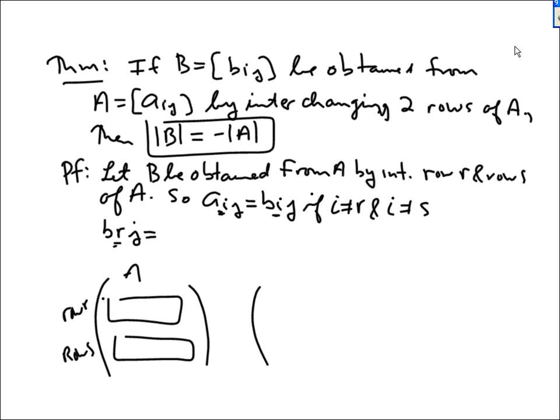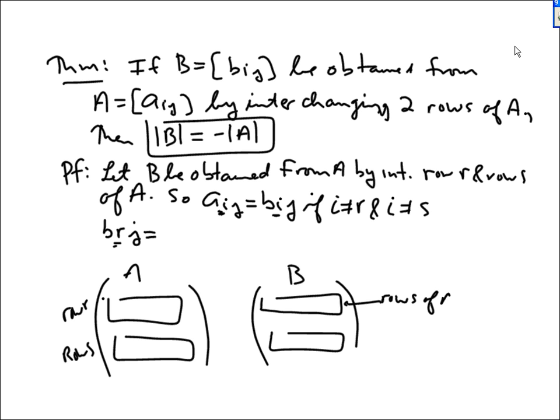Now, when it comes to matrix B, I don't know how to write it, but here, I'll write it. This is row S of A. Remember, they get B. I switched these. This here is row S of A. Sorry, row R of A. Because row R is now in row S's position.